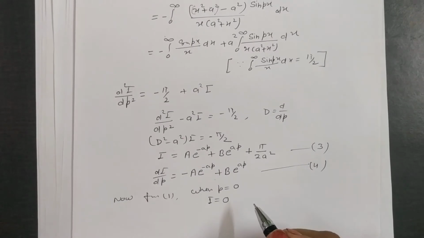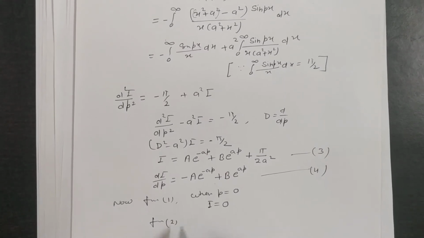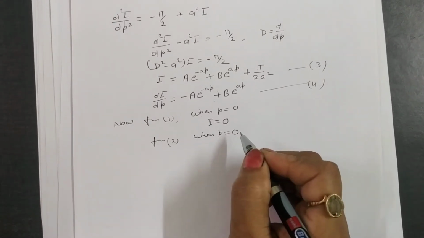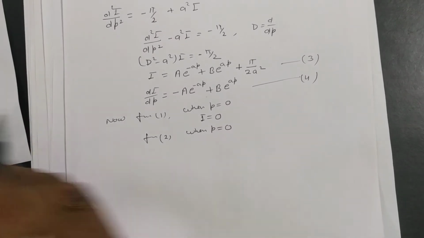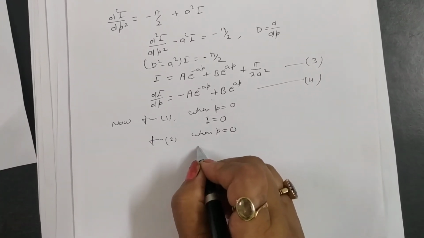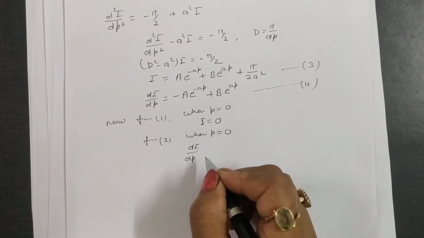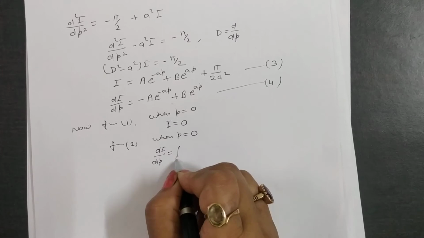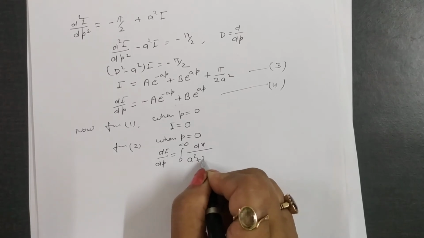And now from equation 2, when p is equal to 0, we have dI by dp equal to the integral from 0 to infinity of dx by a square plus x square.